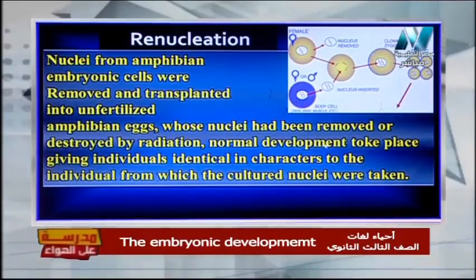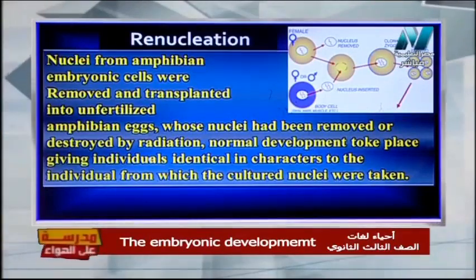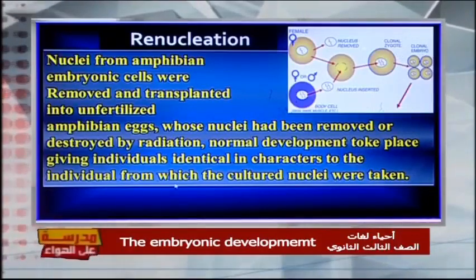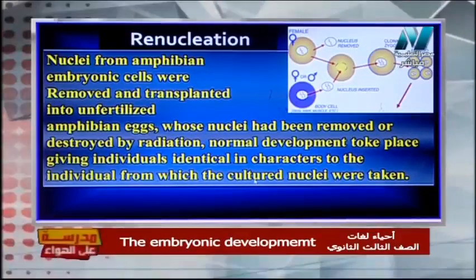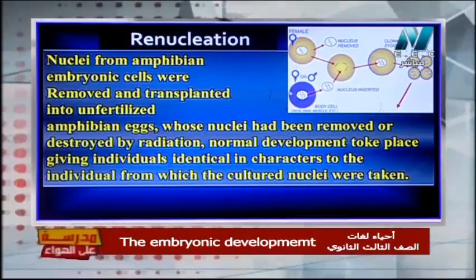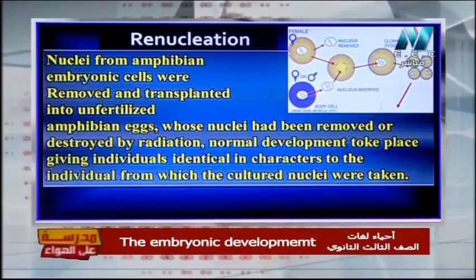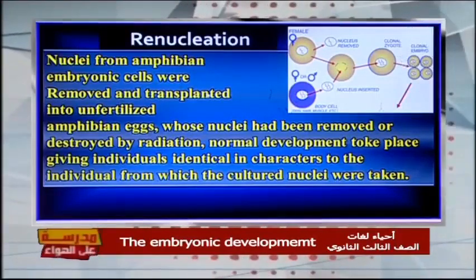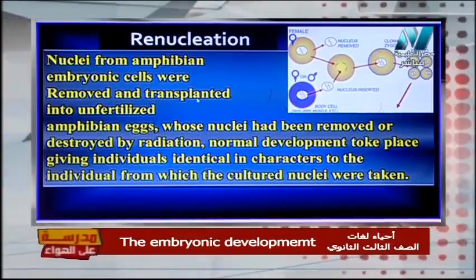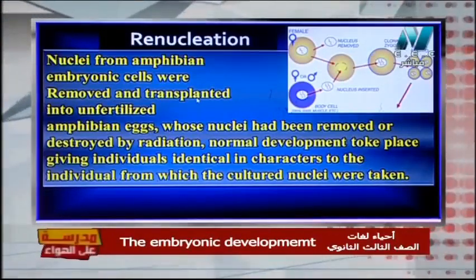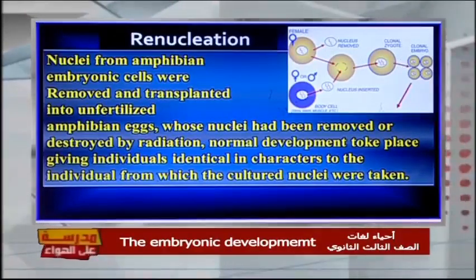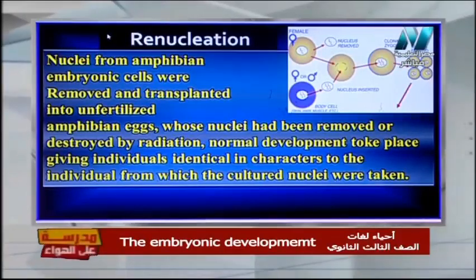Normal development take place and also giving an individual identical to the characters of the individual from which the cultured nuclei were taken. يعني إحنا عندنا مثلاً تو سيلز، لو عندي أوفم وزيجوت وعملت ريموفينج ذا نيوكليوس أوف أوفم ريبليسد باي ذا نيوكليوس أوف زيجوت will produce an individual similar to the characteristics from the individual from which the zygote is taken.